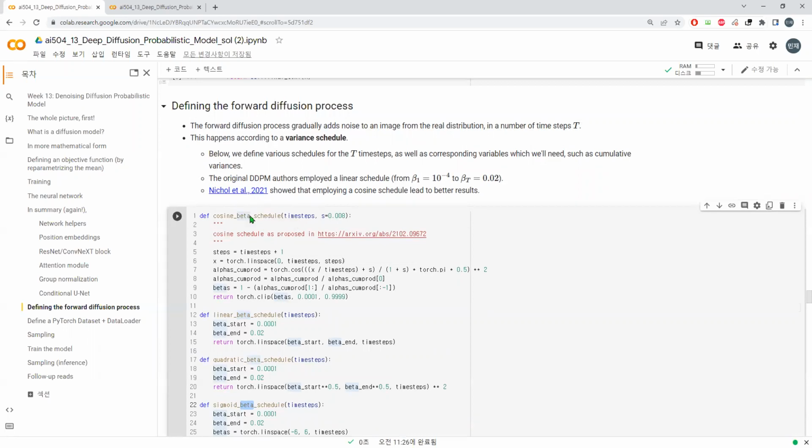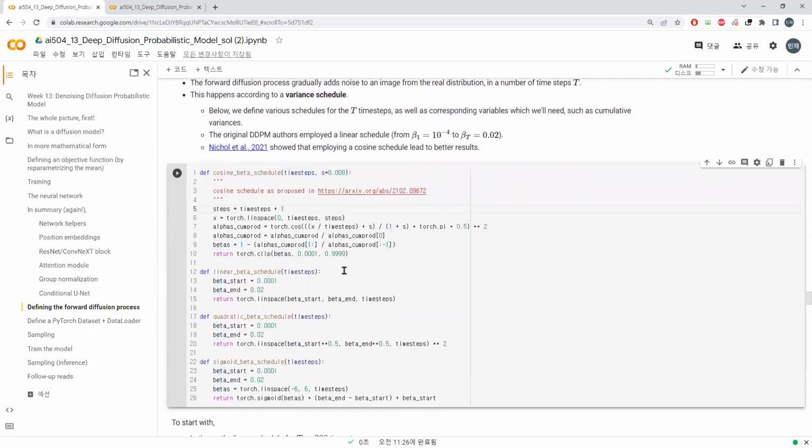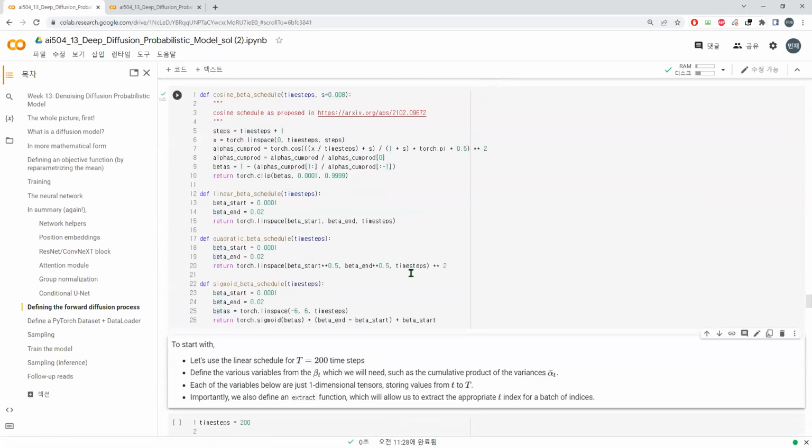So simply, this is just for designing the process of adding noise to real data. Just run it.